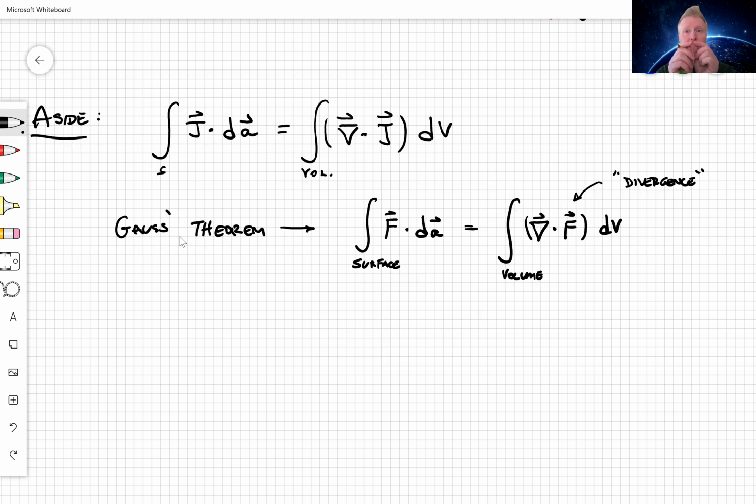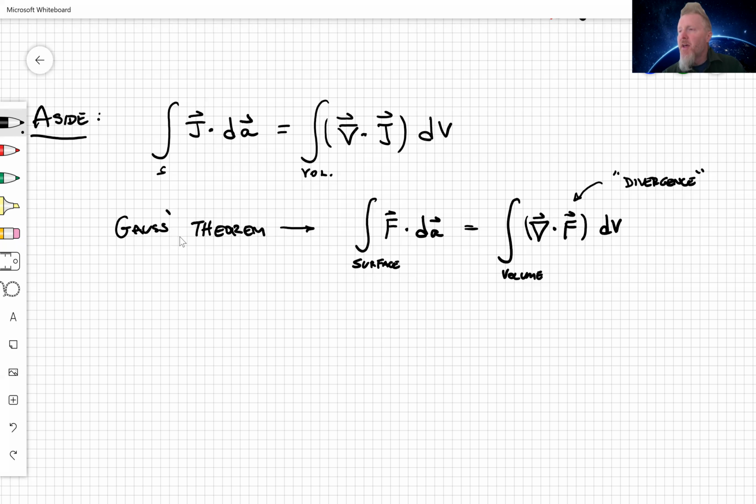If I replace my positive charge with a current source radiating radially outwards, pushing charge away, and I put my little surface over it and look at the net flux of charge flowing through the surface, then I think of the divergence of the charge away from the center, the source.